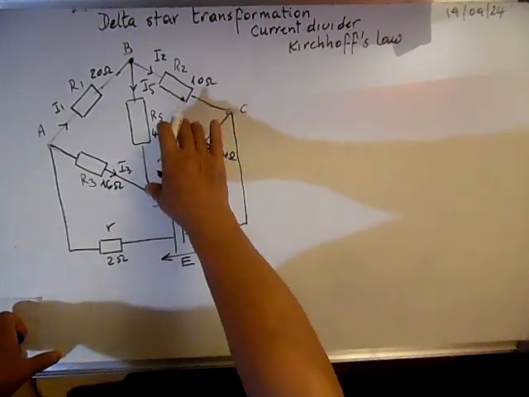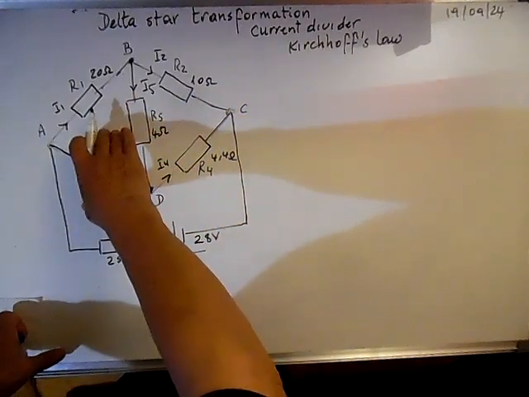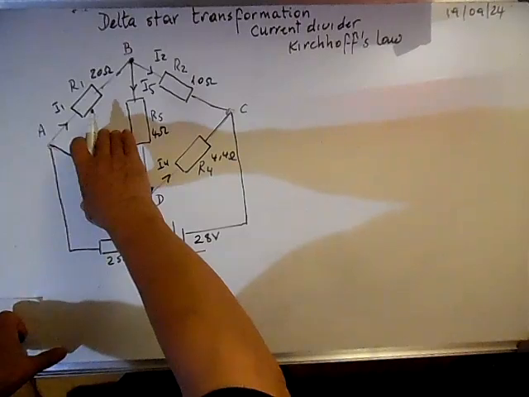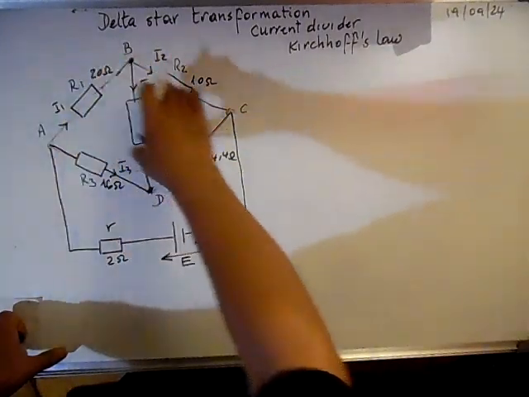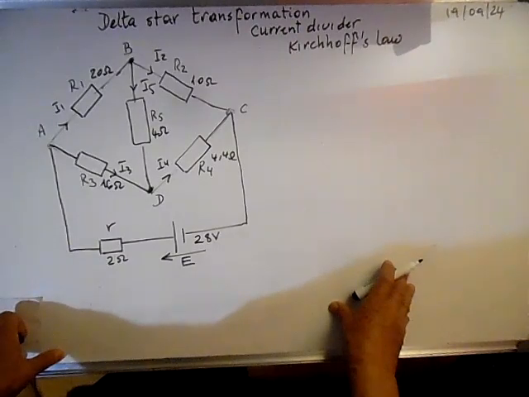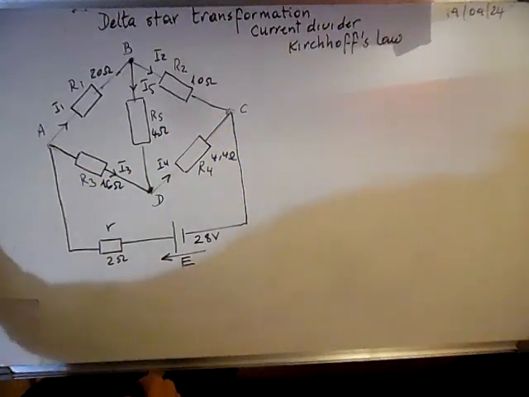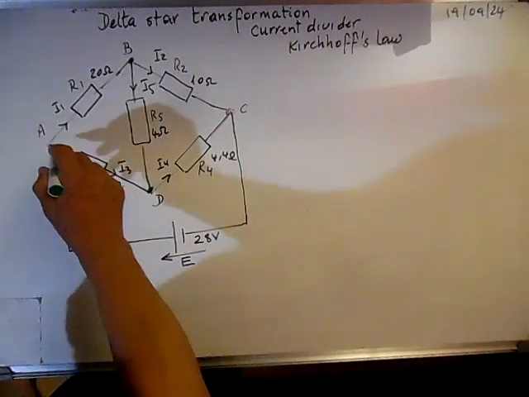We can transform this delta to star. Same thing here. This is a star. We can transform it to a delta. We will try to transform this to a star, and we will see the results.